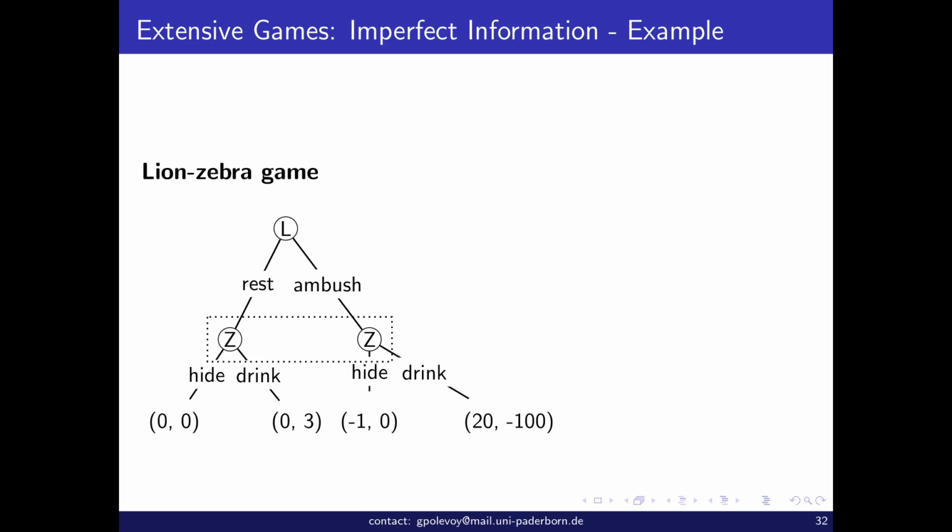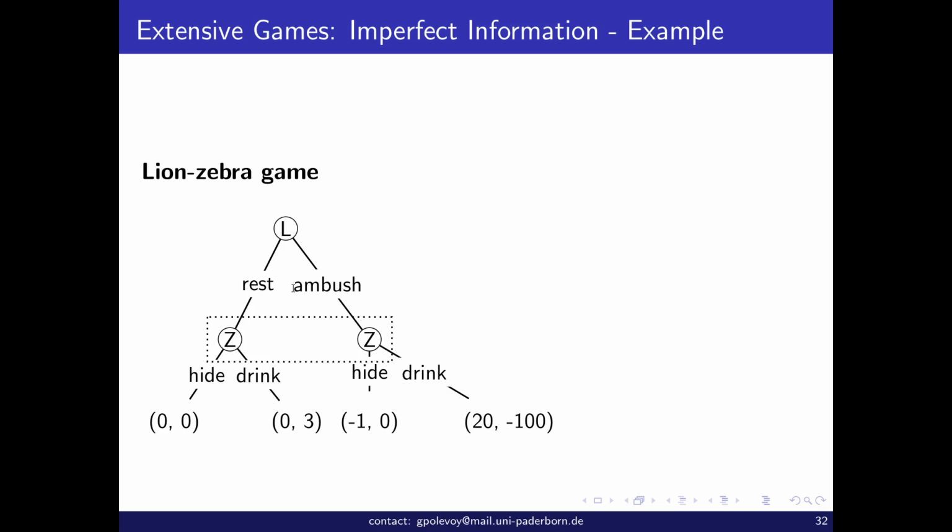The same zebra has to decide if the lion decides to ambush; the zebra doesn't know that. If the lion rests and the zebra hides, then of course neither gets anything, because the lion doesn't eat and the zebra doesn't drink. If the zebra drinks while the lion rests, the lion still gets nothing, but the zebra gets 3 because she has got some water.